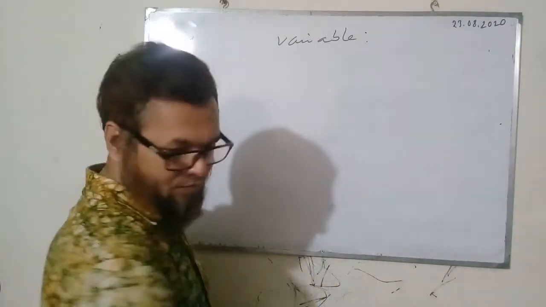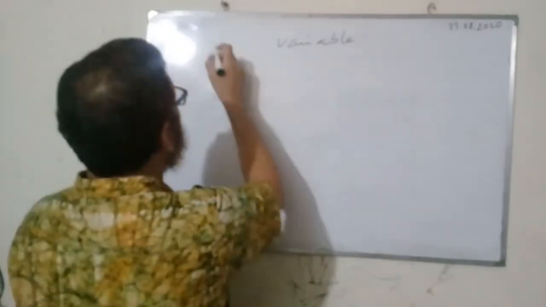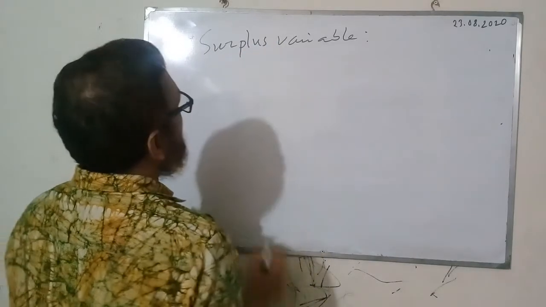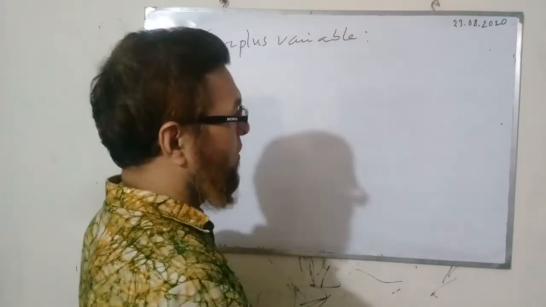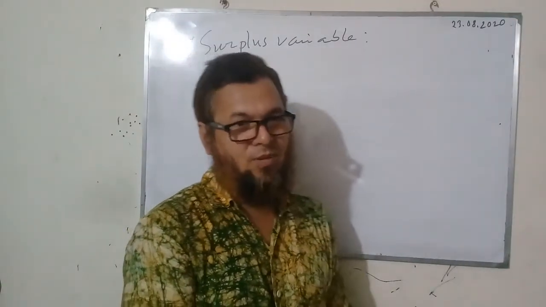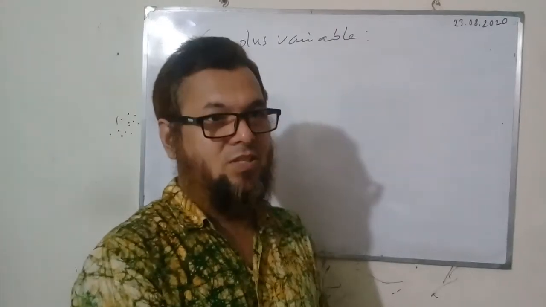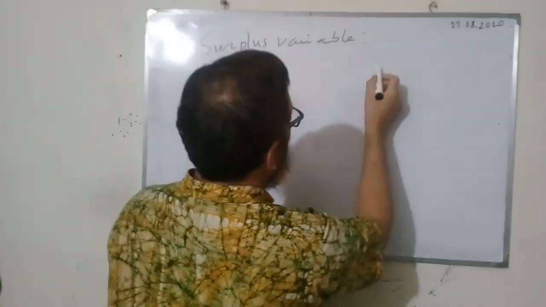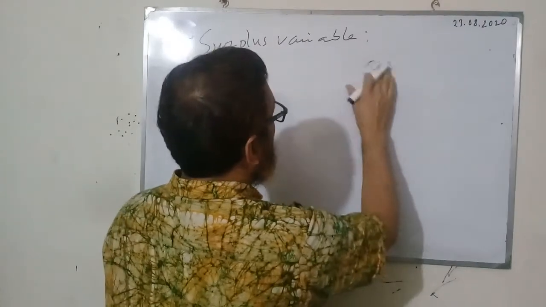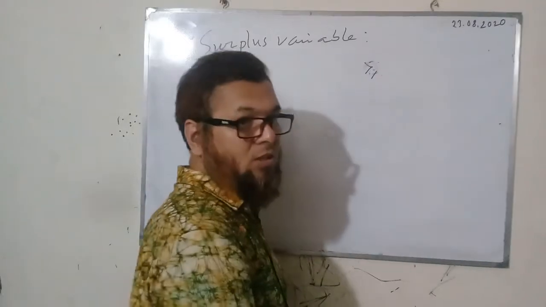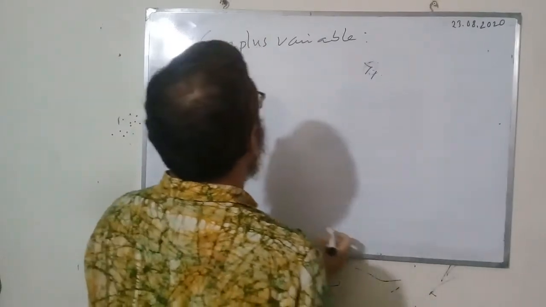Surplus variable. Same as the previous definition, the only difference is that the previous constraint was less or equal type, and here the constraints are greater or equal type.